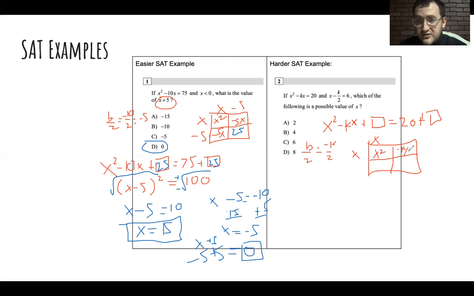It's going to get ugly, but there is something useful in the problem that will make it a lot less ugly. So I'm going to have a k over 2 and a minus k over 2, and then I have a k over 2 squared.